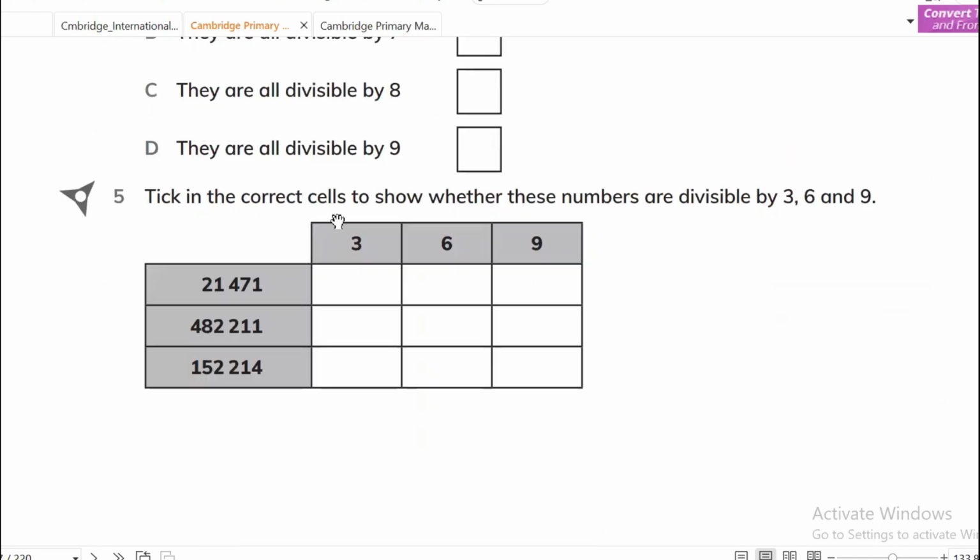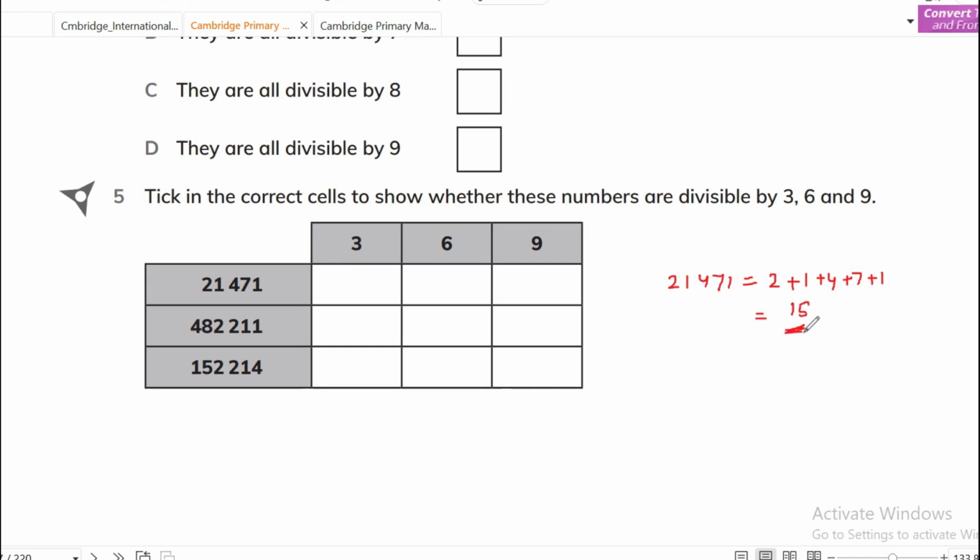So it means once the sum of the digits is divisible by 9, that number is divisible by 9 as well. Tick the correct cells to show whether these numbers are divisible by 3, 6 and 9. If we check the first number, 21,471, we add all these digits: 2 plus 1 plus 4 plus 7 plus 1 gives 3 plus 4, 7, 7 plus 7, 14 plus 1, 15.